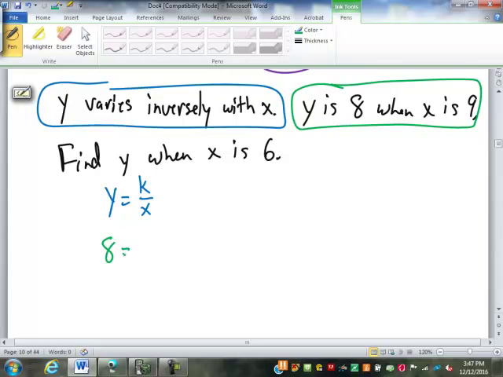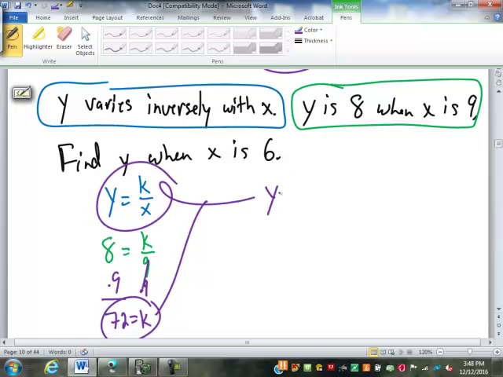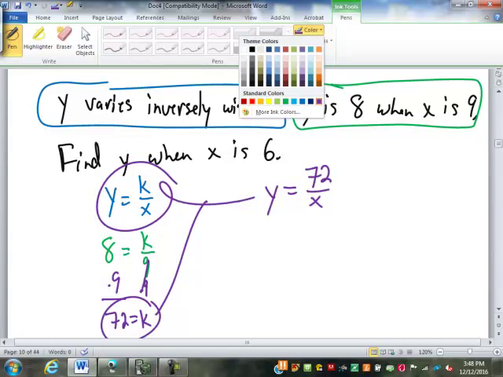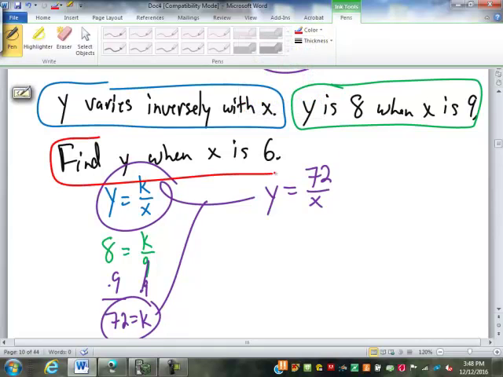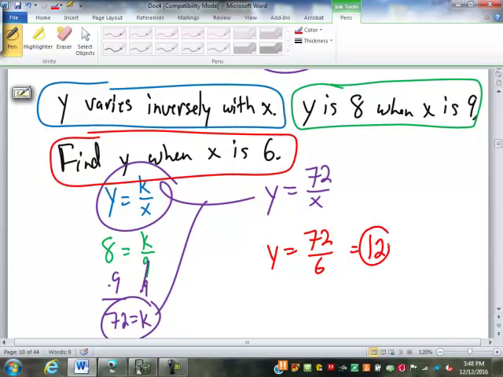So 8 goes in for y, 9 in for x. What's k going to end up being? Multiply by 9 to get rid of it. 72 equals k. So y equals 72 divided by x. And then find y when x is 6. So 72 divided by 6 is 12.